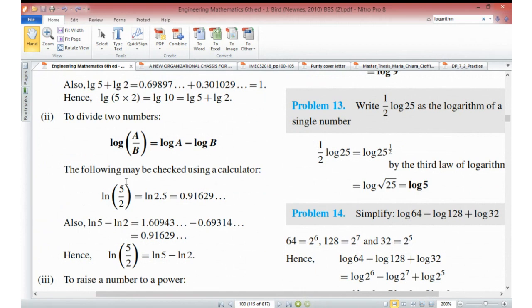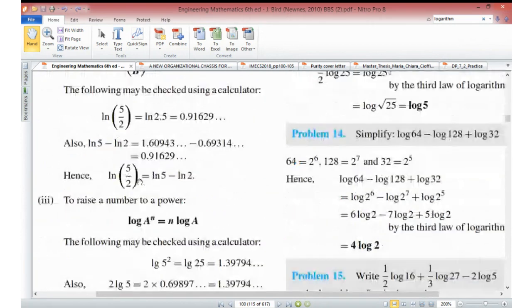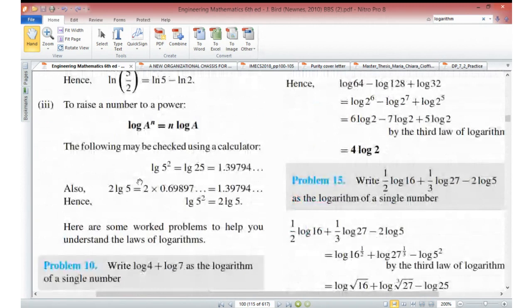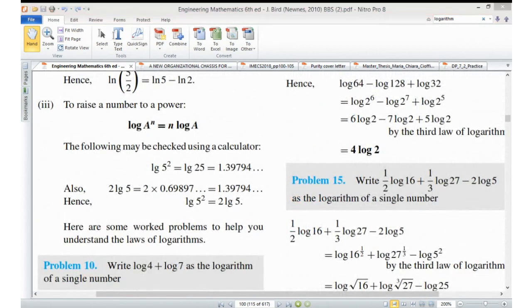Then 3 is about power. Log a raised to power n is equal to n log a.